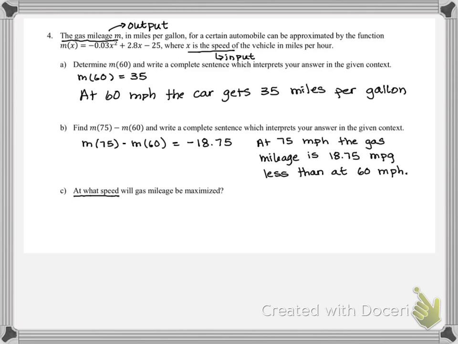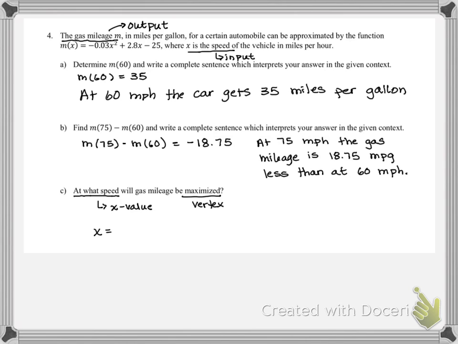So we can be looking for where the y-coordinate is biggest, but reporting it in terms of the x value. So if we're saying at what speed is the gas mileage maximized, we're looking for where the gas mileage is the largest, but we're looking for what speed you're driving to make that happen, not for what the gas mileage itself is. So the speed is an input, so that means it's the x value. And the fact that I'm maximizing tells me to find the vertex.